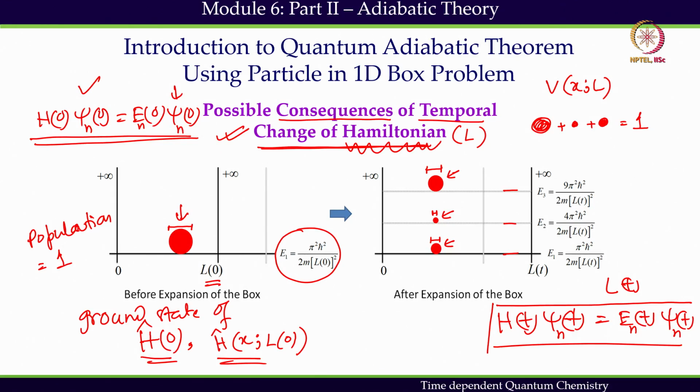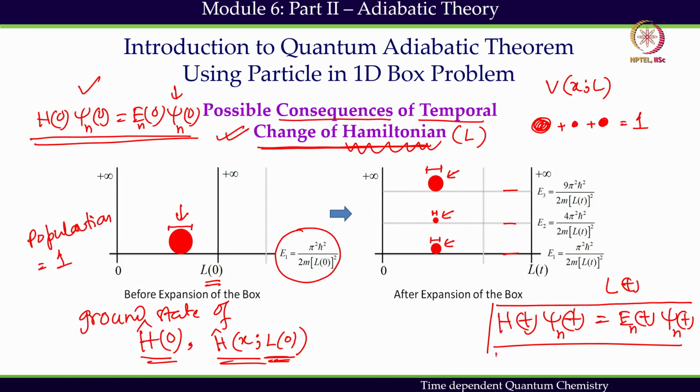Now, when the Hamiltonian of a quantum system changes as a function of time, in principle the particle which was present in the nth discrete non-degenerate stationary state of initial H0, so this is the Hamiltonian, may undergo the transition, and in that case there can be development of probability of finding the particle in states other than that nth discrete non-degenerate stationary state of final HT.